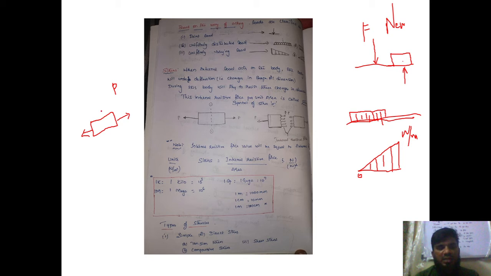Up to some extent, at the cross section at the center of the object, there will be some internal forces which try to oppose the load you are applying from both the sides. During the initial application of the load, the body will not eventually deform, because there will be some internal resistance force generated inside the body which tries to oppose the applied load.